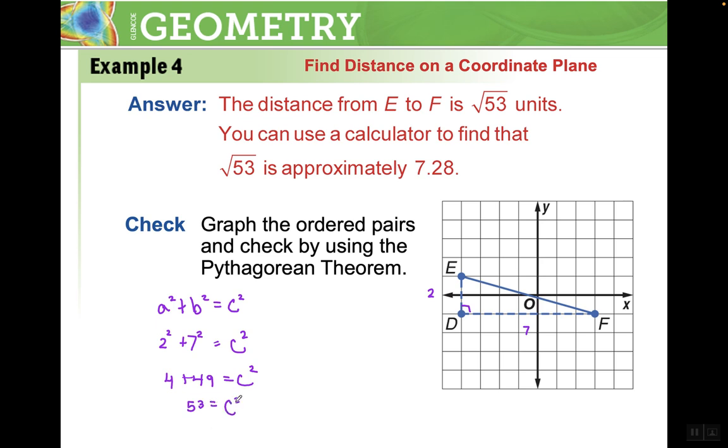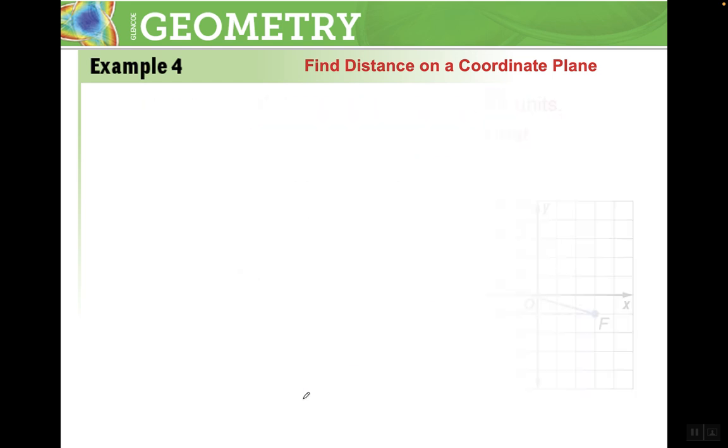And then to find out what c is, you'd have to take the square root. So c equals the square root of 53. Same answer we got using the distance formula. So the distance formula and the Pythagorean theorem are pretty much the same thing, and I just want you to explain that in your reflection.